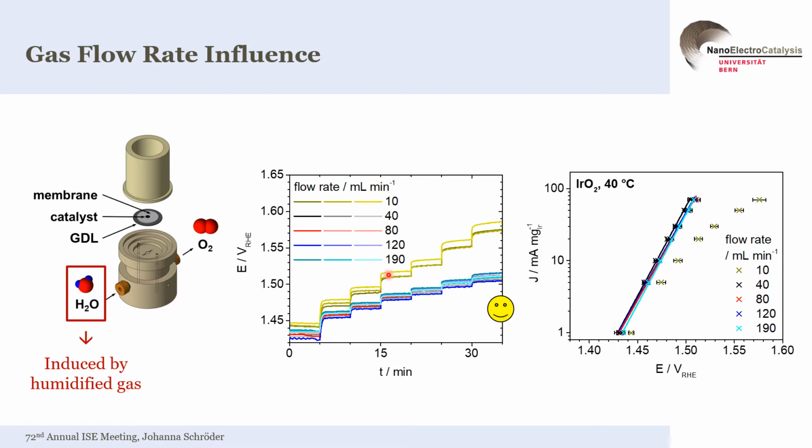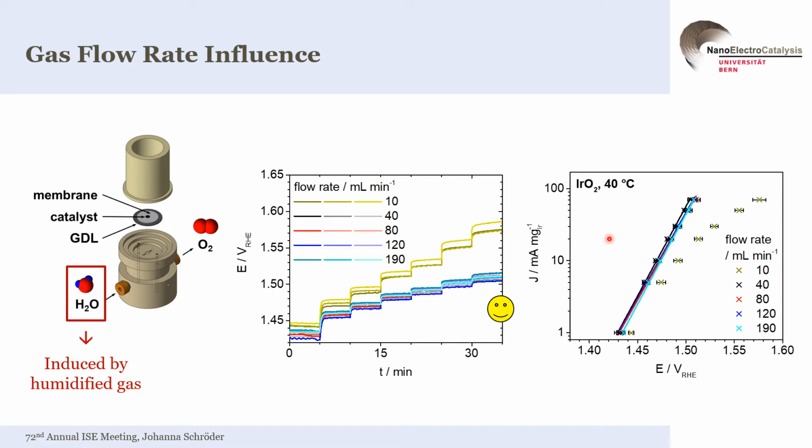I applied different flow rates between 10 and 190 milliliter per minute, and the results show that between 40 and 190 milliliter per minute comparable results in activity are obtained, and only at the low flow rate of 10 milliliter per minute we see some deviation.